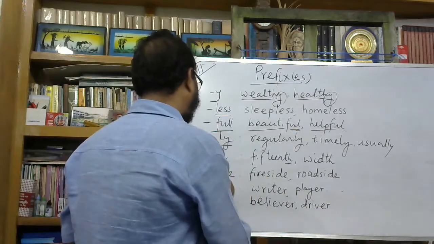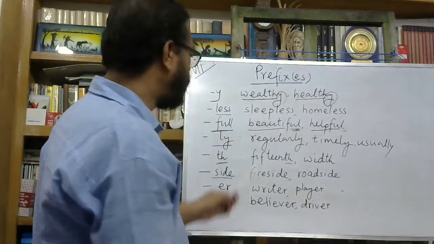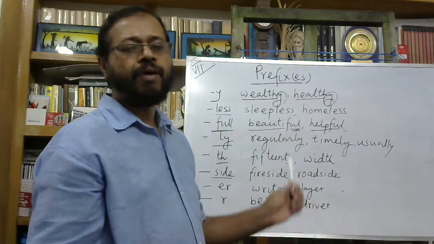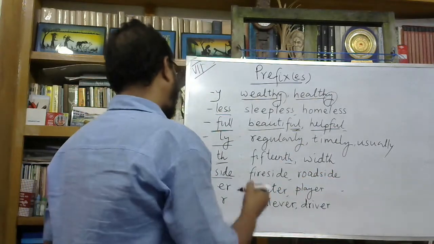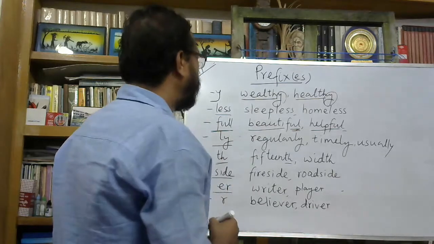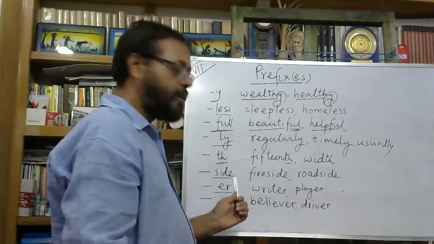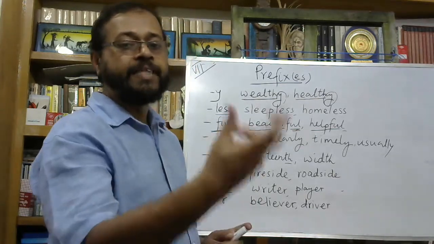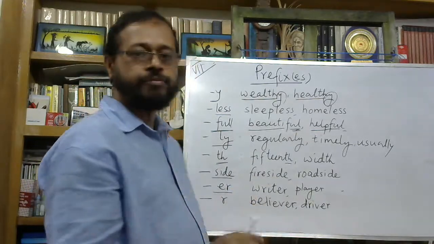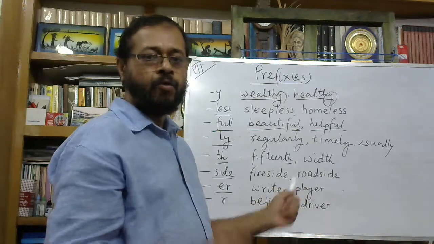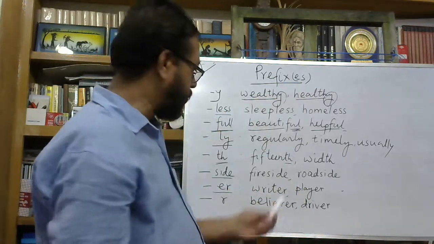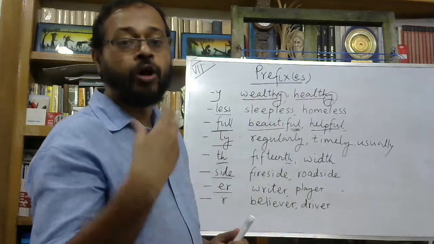Side, in the poem there is a word fireside, roadside. Then er or or sometimes, writer, it refers to the agent or the doer, right, or one who writes, writer. Play, one who plays is a player, so er, or author, donor, there it is or.